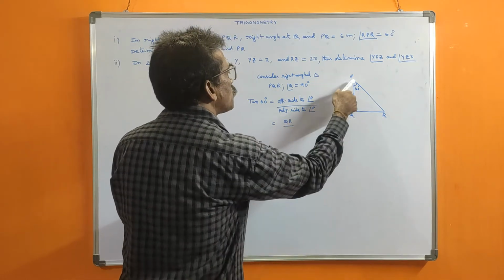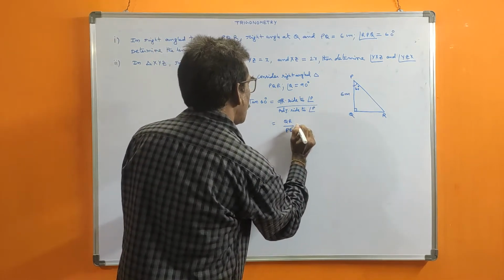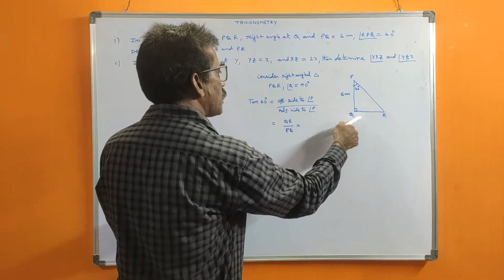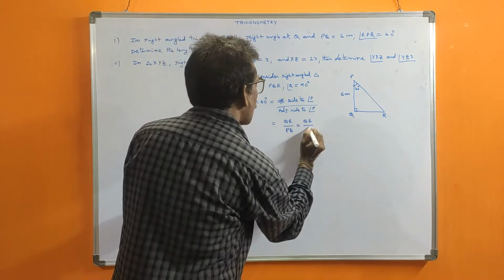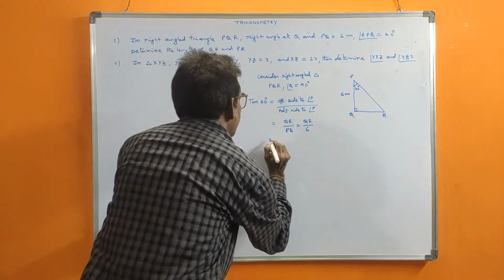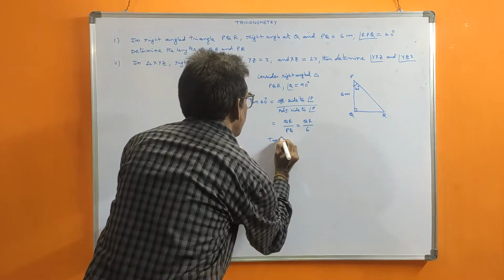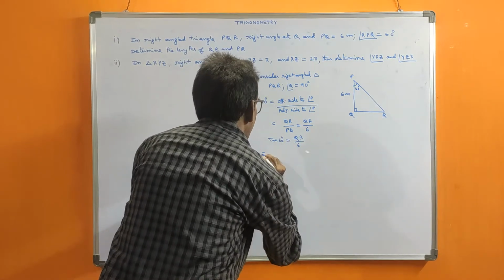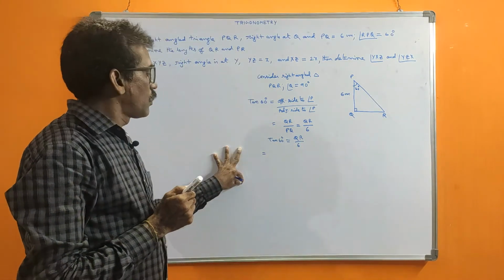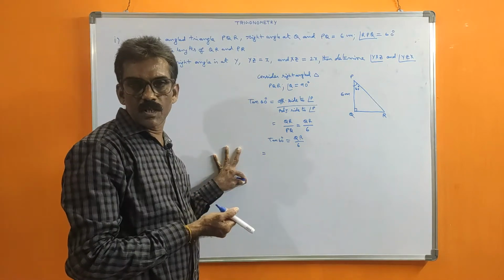Adjacent side to P is what? PQ. Substitute the values. QR value we don't know, write as it is. PQ value is 6. So tan 60 degrees is equal to QR by 6.